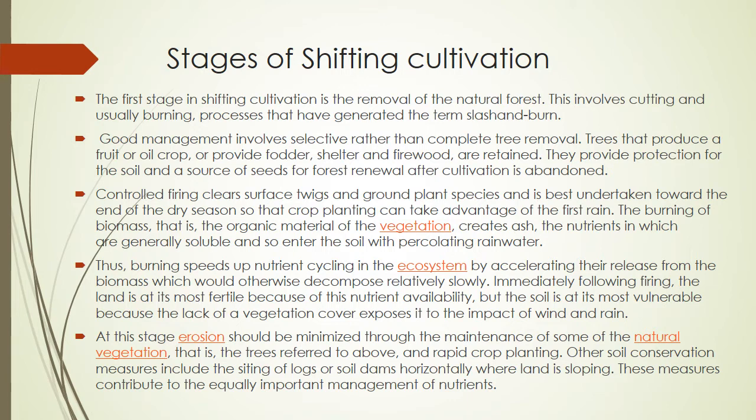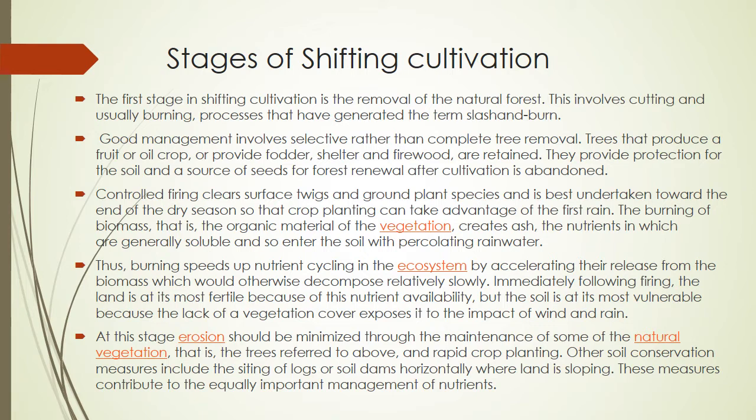The burning of biomass, that is the organic material of the vegetation, creates ash, the nutrients in which are generally soluble and so they can enter the soil with percolating rainwater. So whenever the burning is done, all the ash and organic material that has been created gets percolated inside the soil.